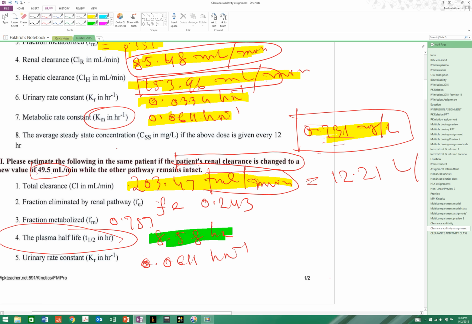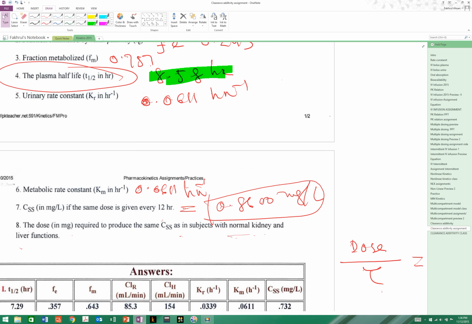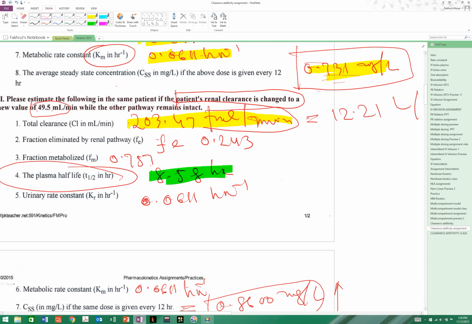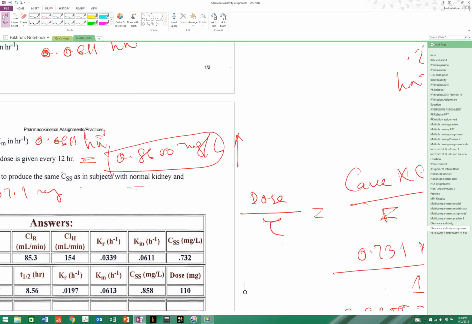That means because of the bad kidney, this CSS has gone up compared to normal persons. For this reason we have to reduce the dose, and the new dose is 10.71 milligram per hour.